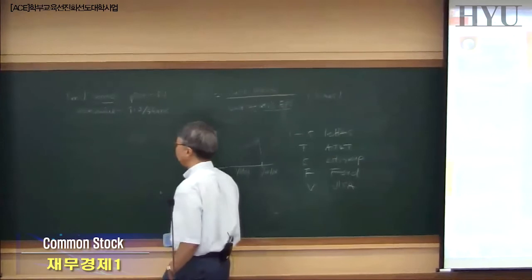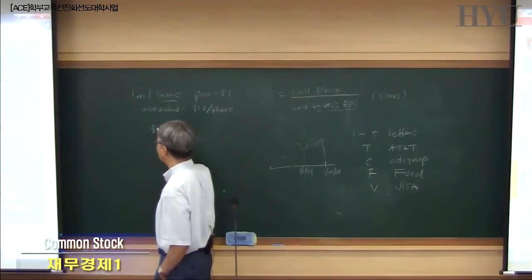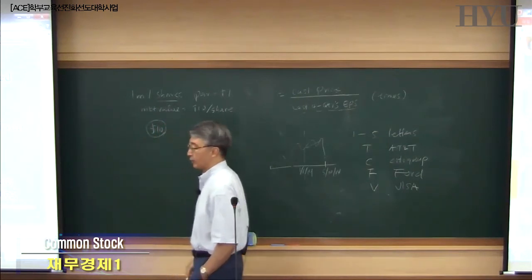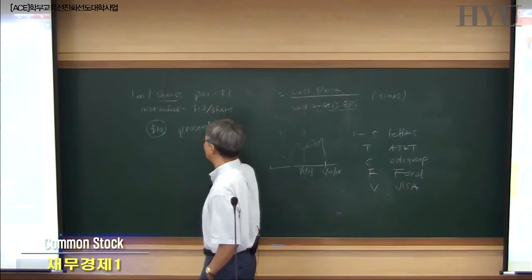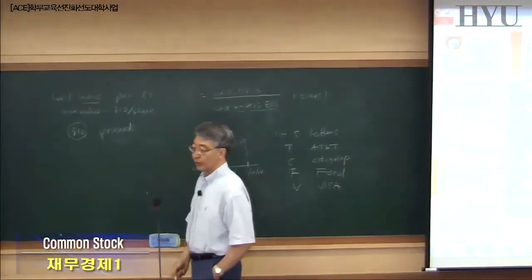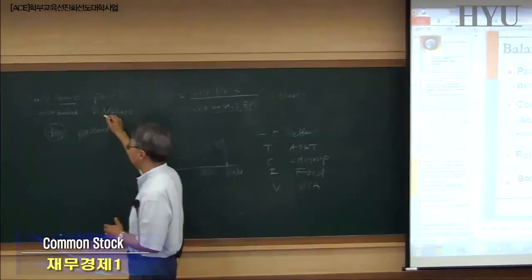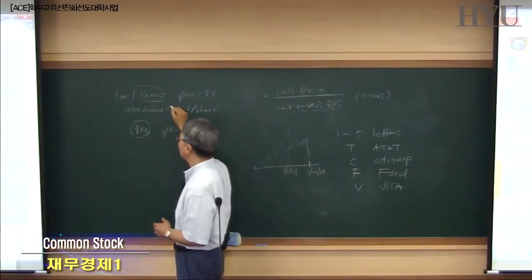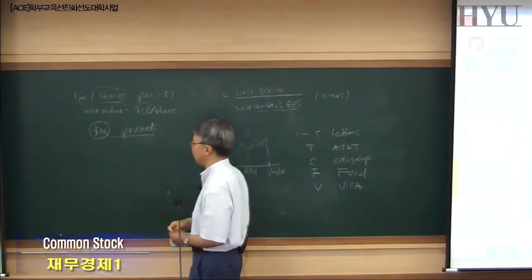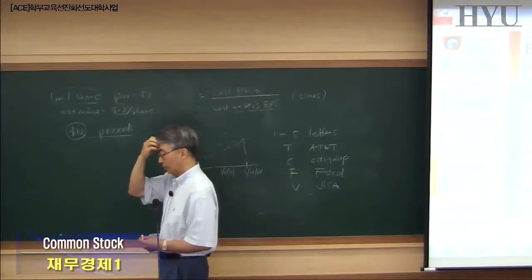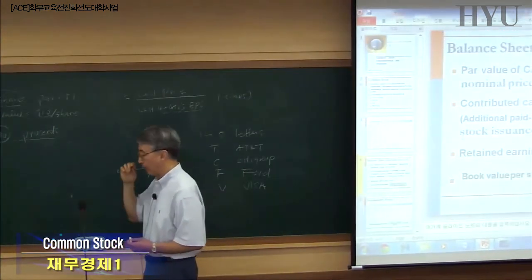Then obviously they have received $10 million in proceeds. It's called the proceeds. That's the amount of money the company receives by selling stock, right? So they sold 1 million shares at $10 each, so they received $10 million in proceeds. That's the amount of capital raised by selling stocks.